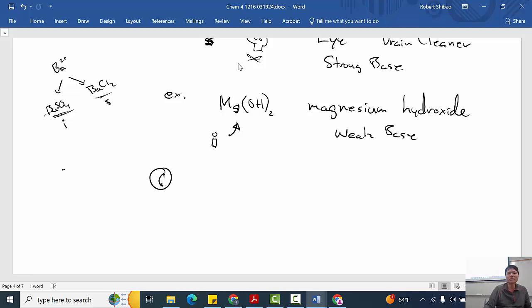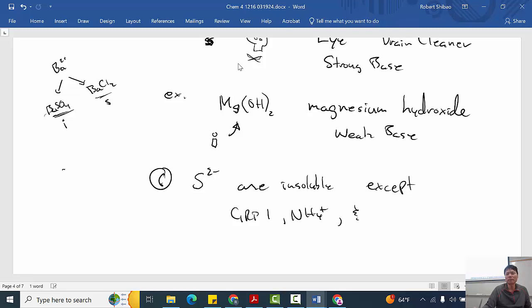6, sulfides. What's the formula for sulfide with a D? S2 minus. Good. Sulfides are insoluble in water, except group 1, ammonium, and group 2.